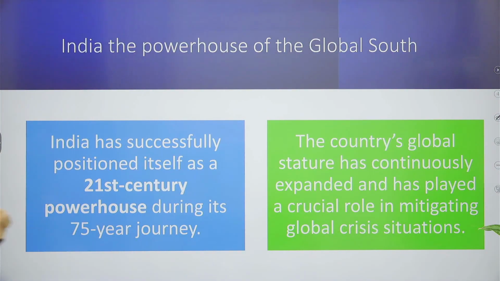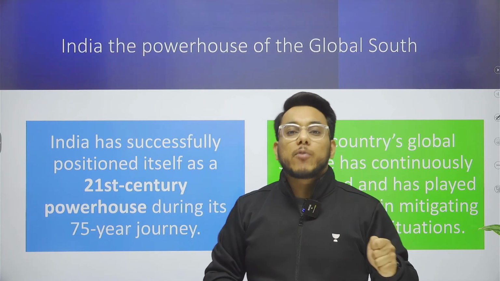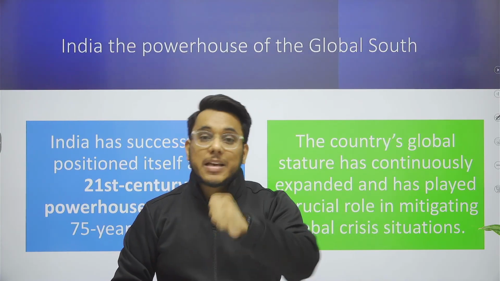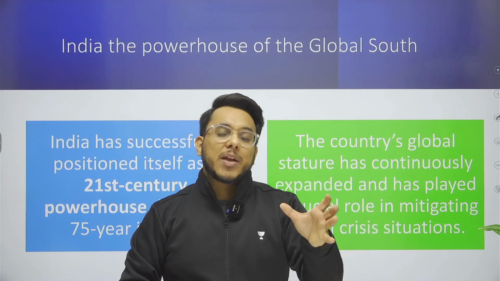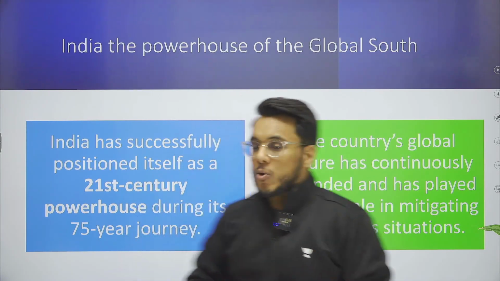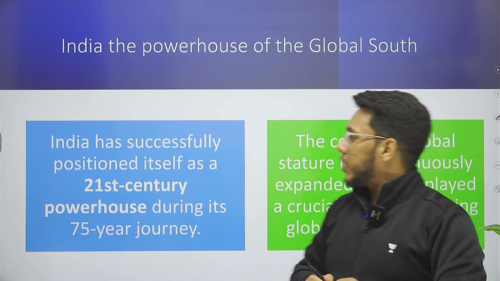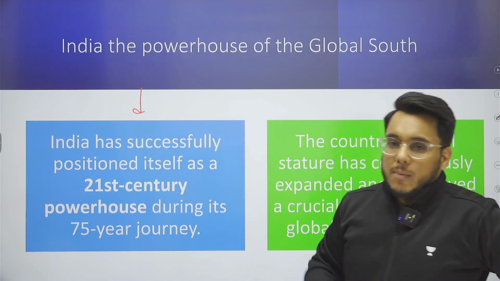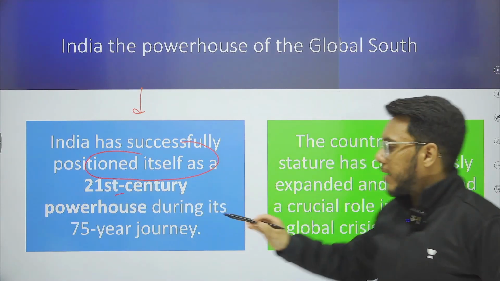Now a question comes: whether India is fit to be the powerhouse of the Global South. Is India fit to be the leader of the Global South? Yes or no? Definitely yes, India is fit to be the powerhouse of the Global South, and for that I am going to give you some arguments. First of all, India has positioned itself as a 21st century powerhouse. How?